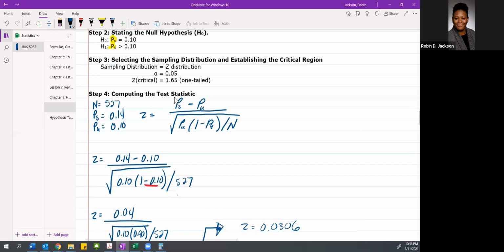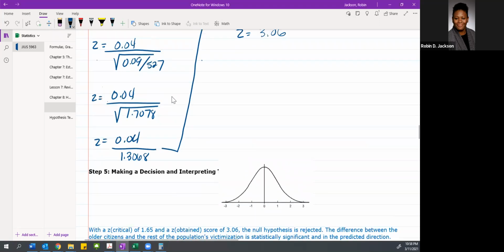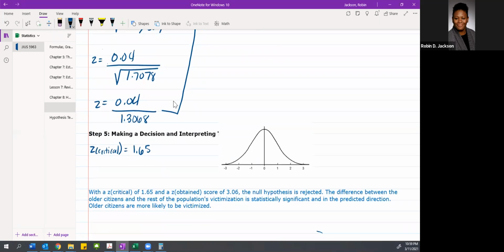Okay. All right. Now, what was our Z critical? It is 1.65. So now we're going to come down here, step 5, and our Z critical is equal to 1.65. And remember, we don't need to do plus or minus on this one because it's one direction.